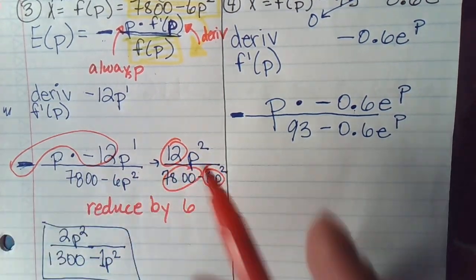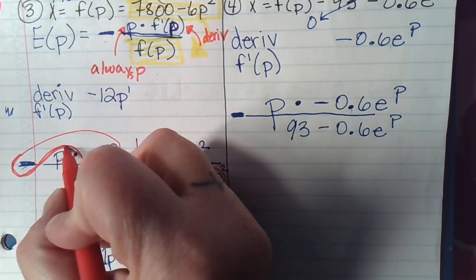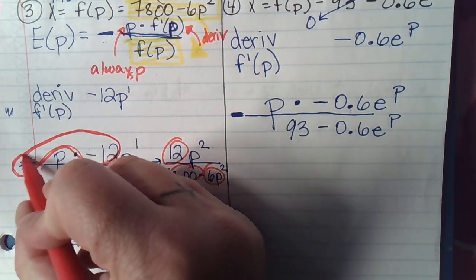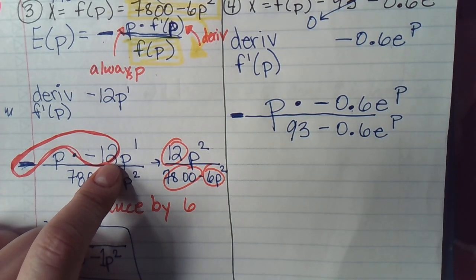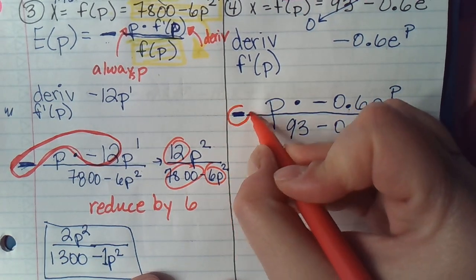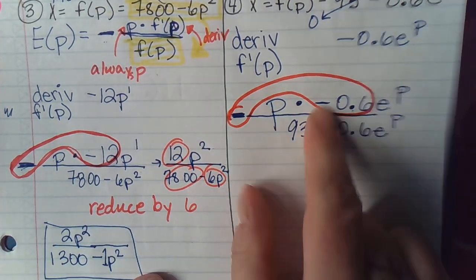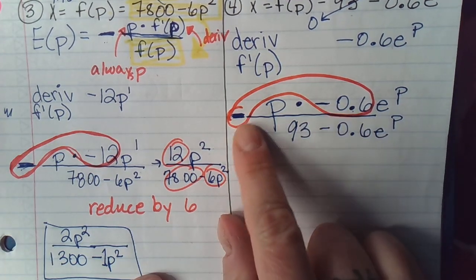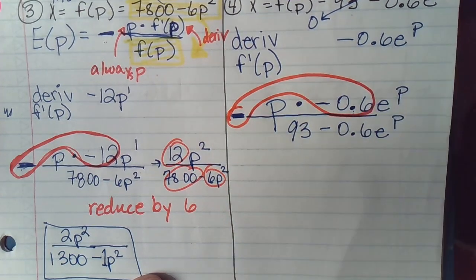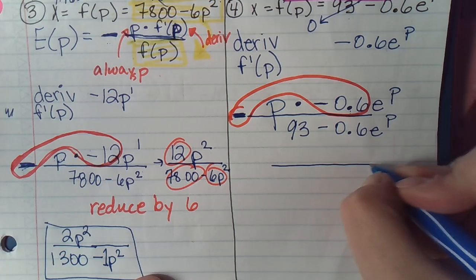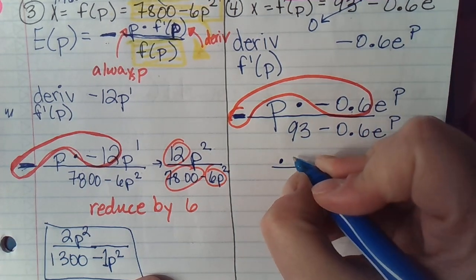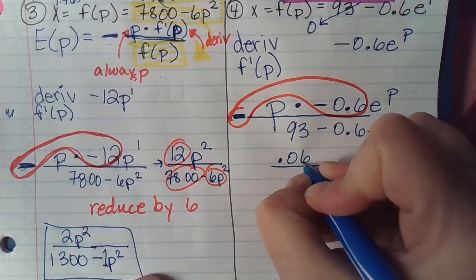The way we got 12 was we took the negative in front of the fraction and multiplied it by that number on the top of the fraction. So the negative in front of the fraction times that negative 0.6, what do those make? Negative times a negative is a positive. So we have positive 0.6.